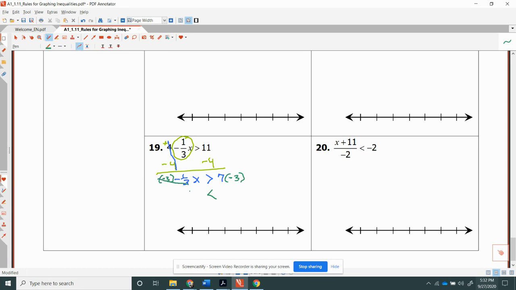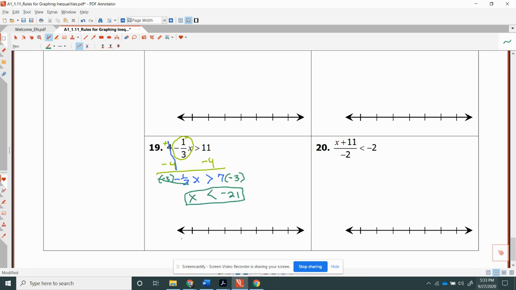So -3 divided by -3 basically equals 1. And because we have a 1 in the numerator, all we have left is x. 1x is x. That's an invisible 1 there. X is less than 7 times -3, which is -21. That's a final answer.